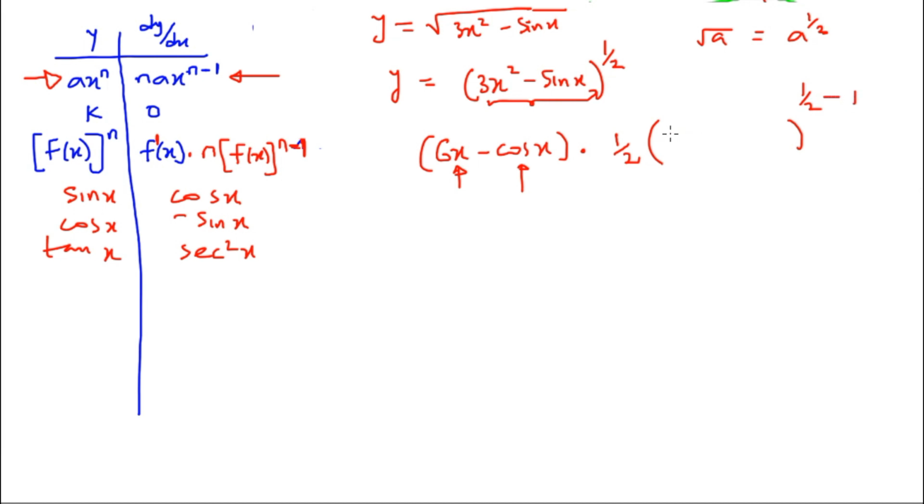So the things in the bracket, we have 3x squared minus sine x. Alright, so I'll have 6x minus cos x over 2, just because of this bracket.